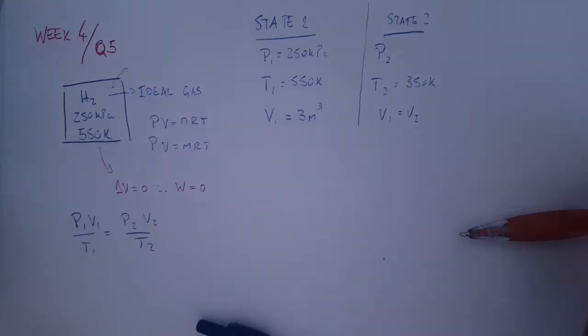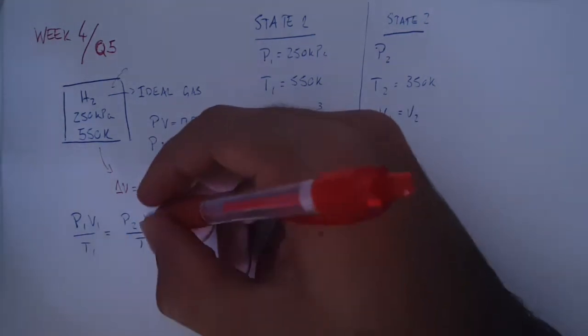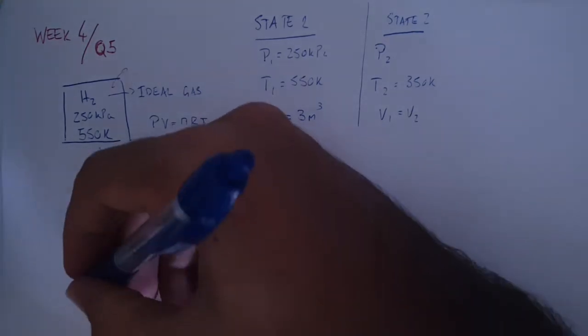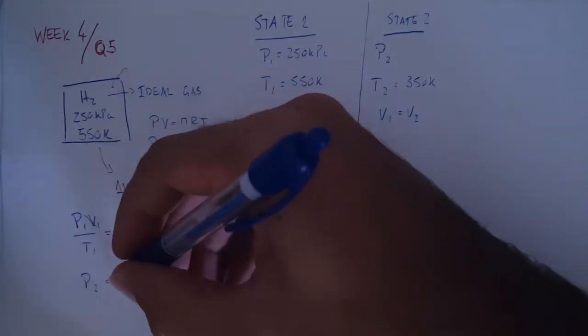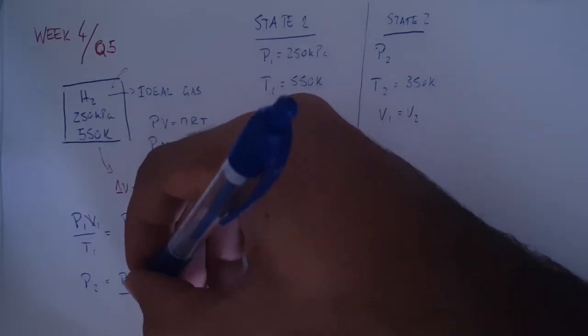right? So let's start by relating the things that we know. Volumes are the same, they get cut off, so we can relate the pressures and the temperatures. We have both temperatures, we have one pressure, so we can find the other one, right? So my P2 will be equal to my P1 times my T2 divided by my T1.